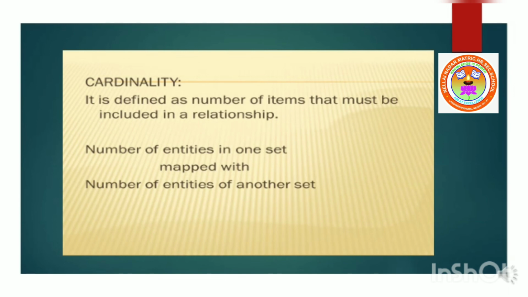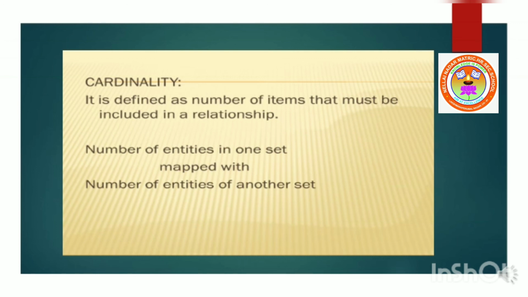Cardinality. It is defined as the number of items that must be included in a relationship. Number of entities in one set mapped with number of entities of another set.